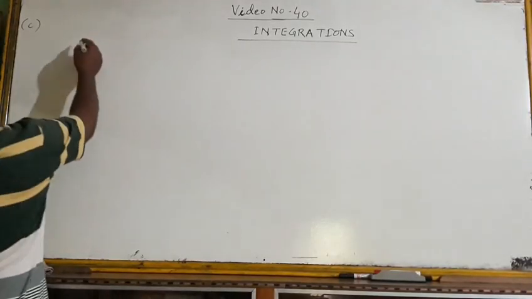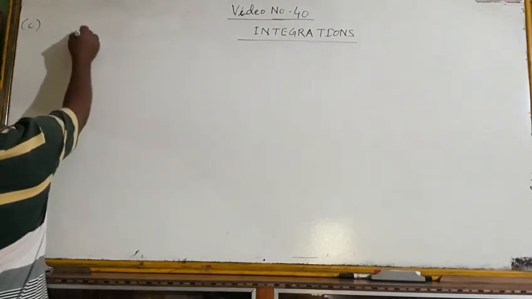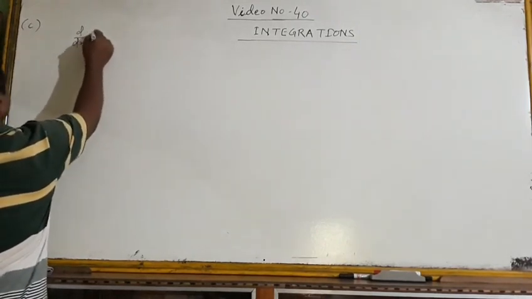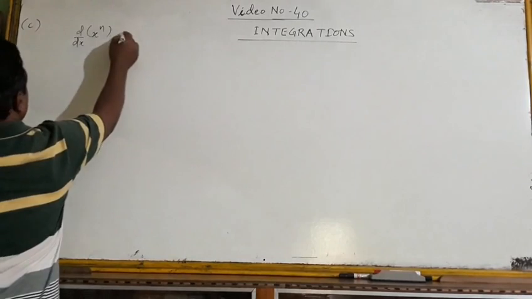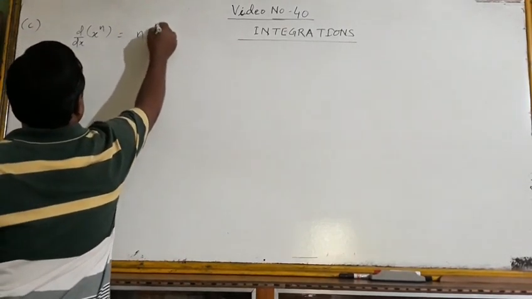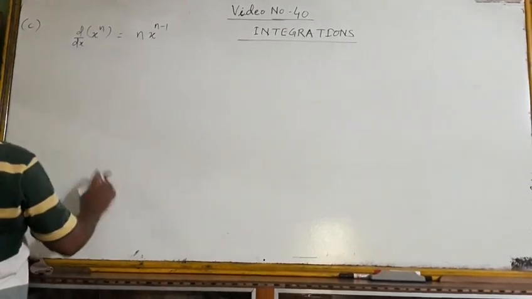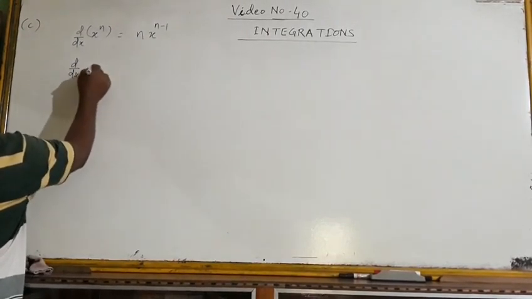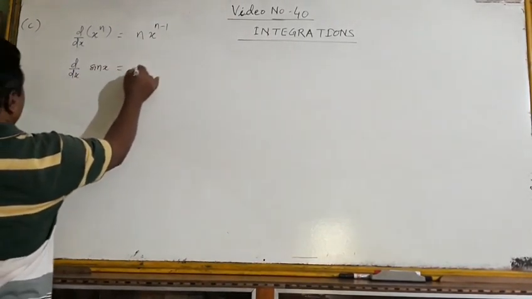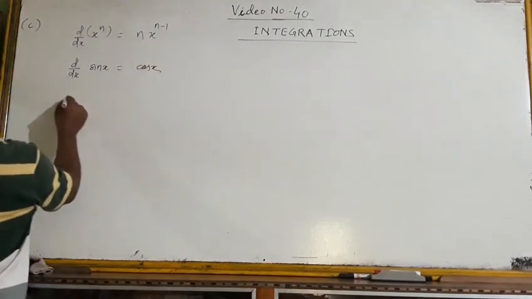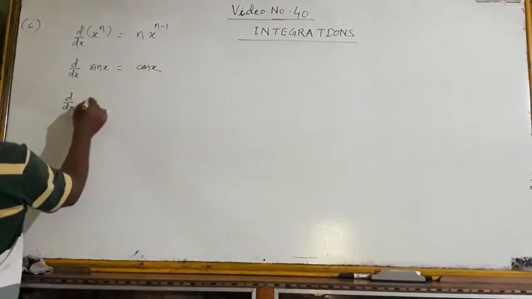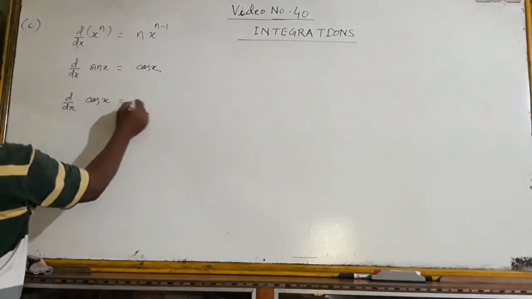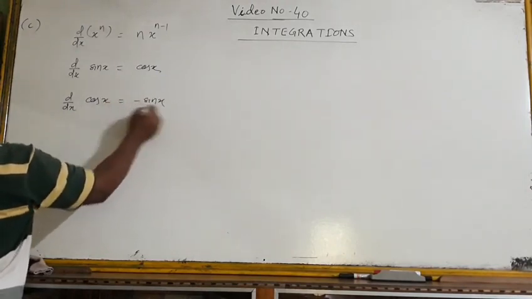Now we will go through the derivatives. I am writing: the derivative of x to the power n is what? n x to the power n minus 1. Okay. And the derivative of sin x is what? Cos x. The derivative of cos x is what? It is minus sin x.